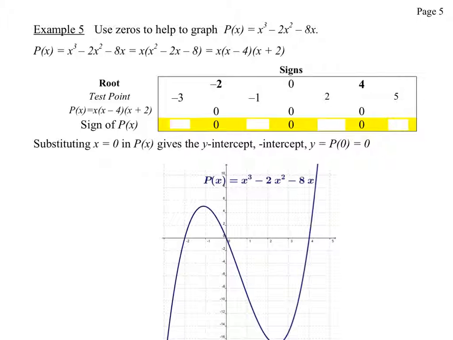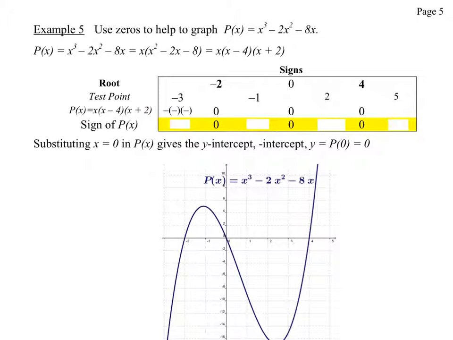When we plug x equals negative 3 into the polynomial, we're going to have negative 3 times negative 7 times negative 1. So that's a negative times a negative times a negative.